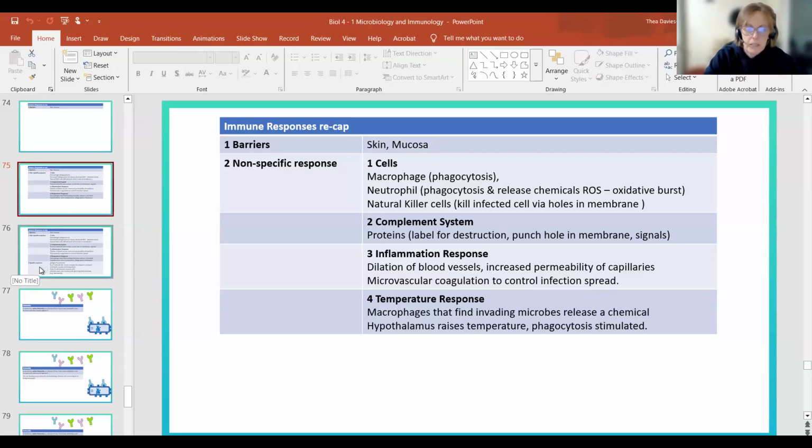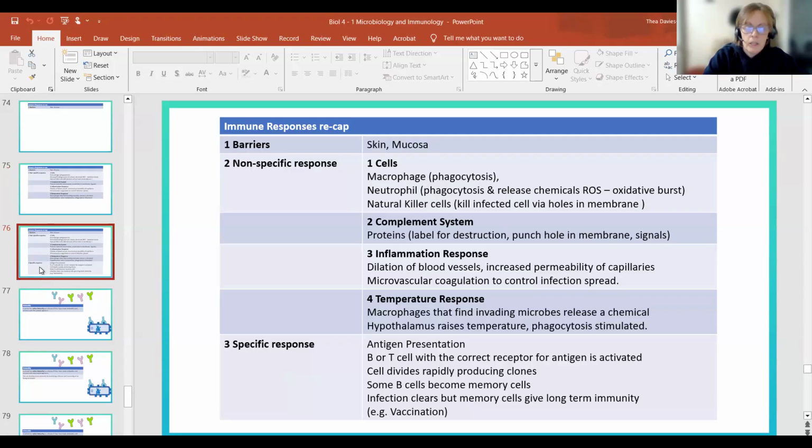got through the barriers. Then, in addition to that, we have a specific response. So we've talked about antigen presentation before. So what happens when we get infected with a pathogen is it's broken up and presented. Remember, the major histocompatibility complex helps to present these bits of the pathogen, broken down bits of the pathogen, to a specific white blood cell.